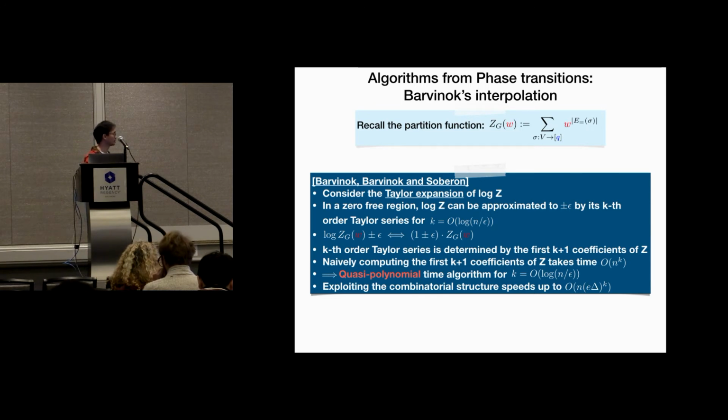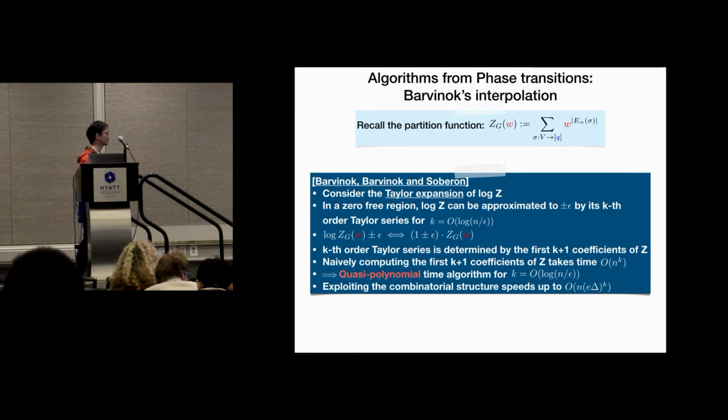An additive approximation to the log of the partition function will translate to a multiplicative approximation to the partition function itself. And now, in order to compute the kth order Taylor series, it suffices to compute the first k plus 1 coefficients of Z, but obviously this is non-trivial in general.